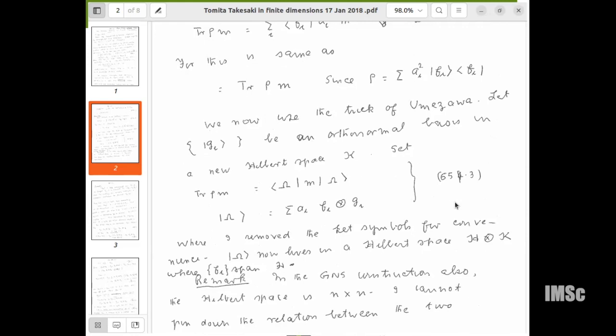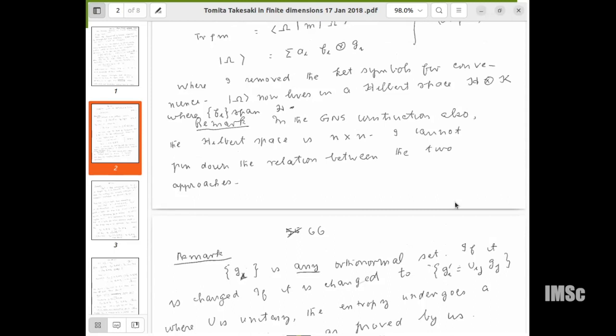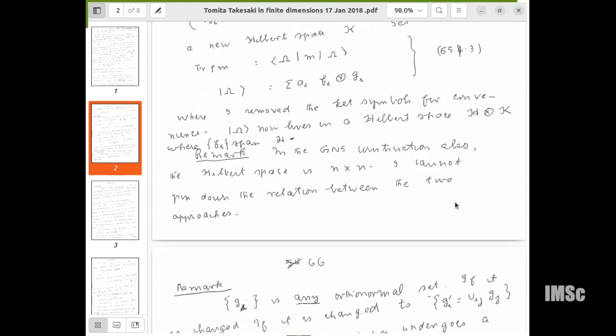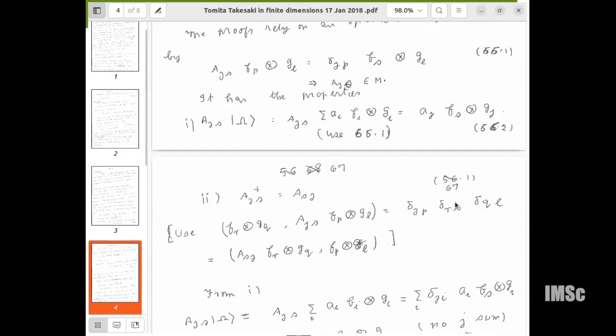This won't change the answer, which means that this operator A_JS I wrote down is not unique, because every time I change the dual vector, this operator A_JS is changed, okay? Because it is acting on a different vector.